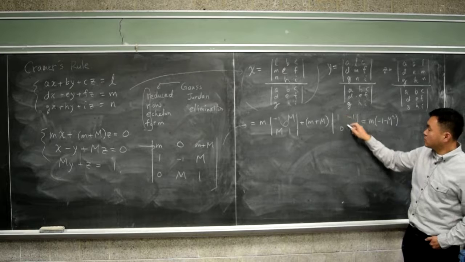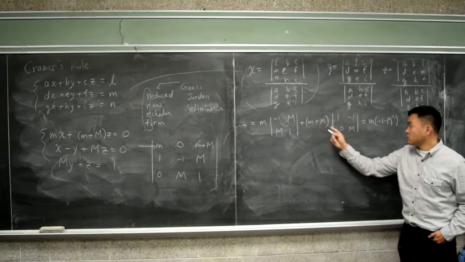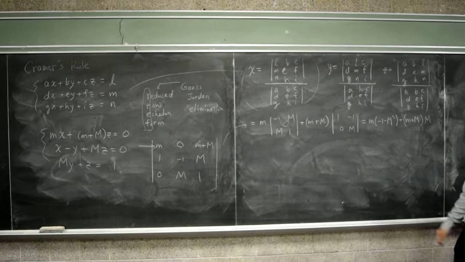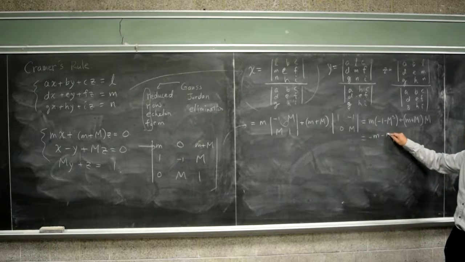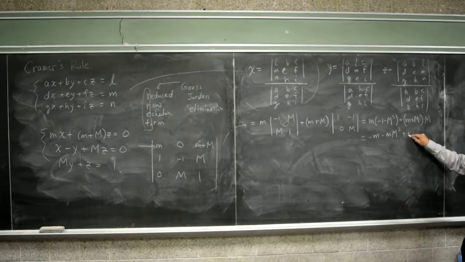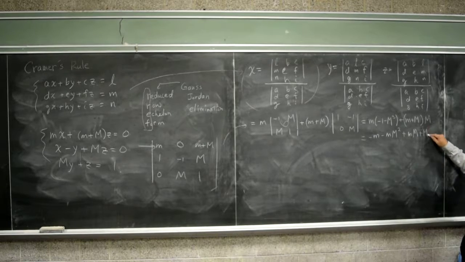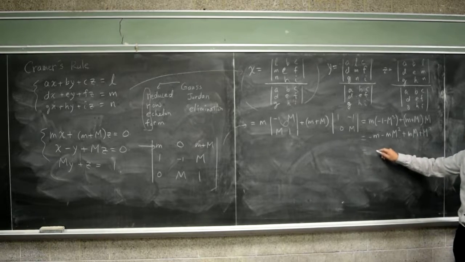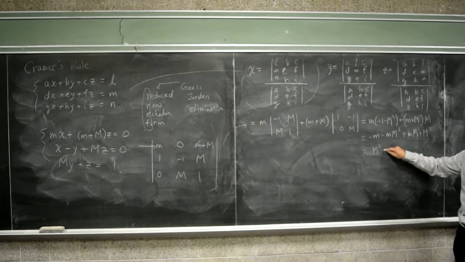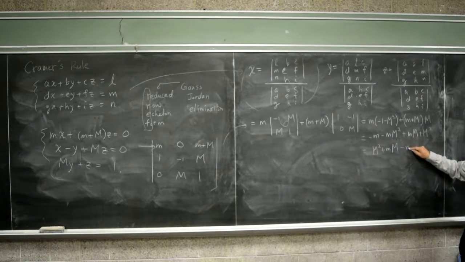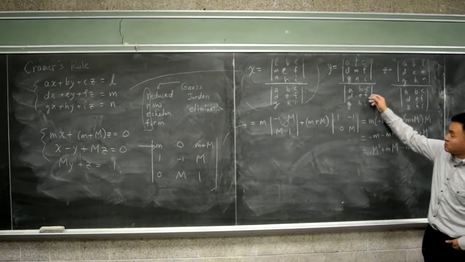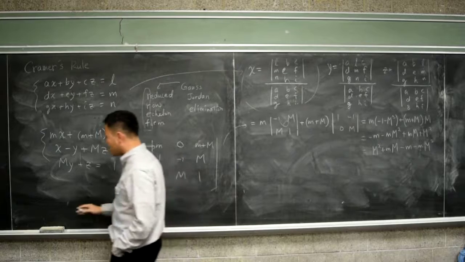This one is just 1 times this, so it would be m plus m and m, which is negative m minus m squared plus m plus m squared. Let's write the positive ones first: M squared plus m minus m minus m. So that's the determinant of the coefficient matrix, which will be present in all the denominators, according to Cramer's Rule.